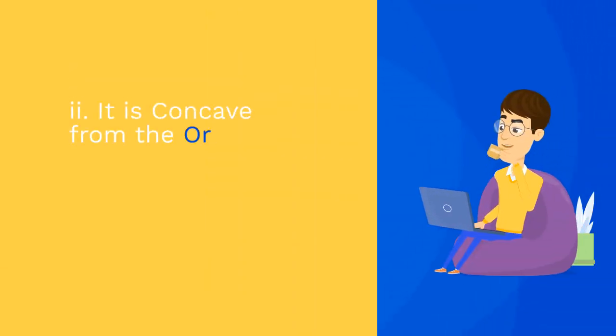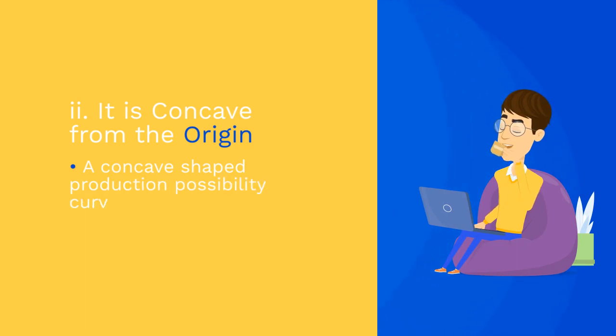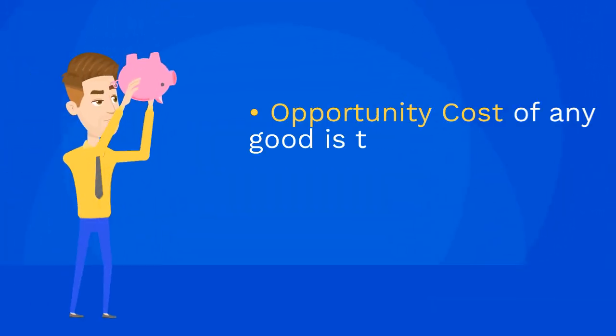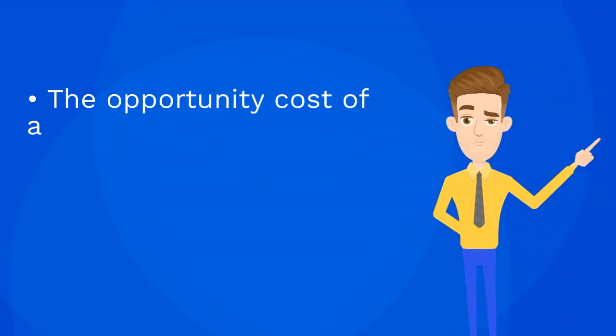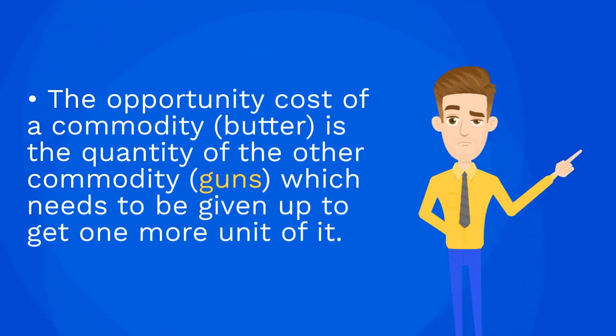2. It is concave from the origin. A concave-shaped production possibility curve indicates increasing opportunity cost. Opportunity cost of any good is the next best alternative good that is given up to get this good. The opportunity cost of a commodity, butter, is the quantity of the other commodity, guns, which needs to be given up to get one more unit of it.